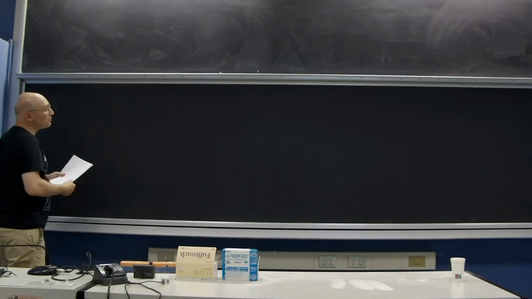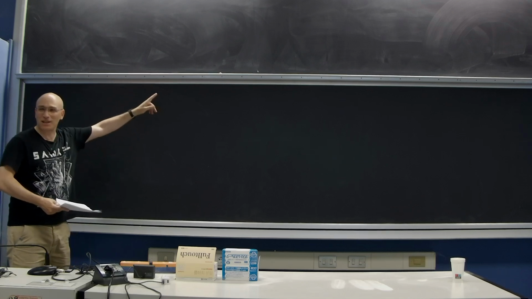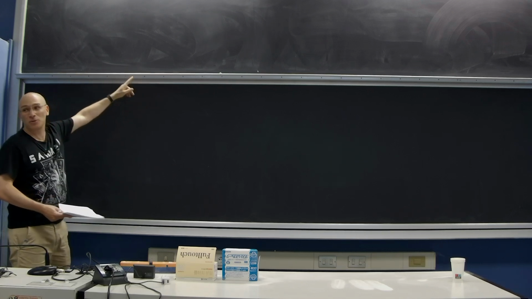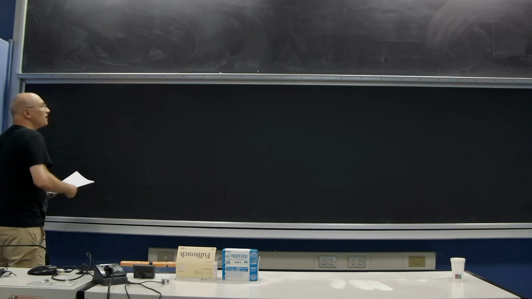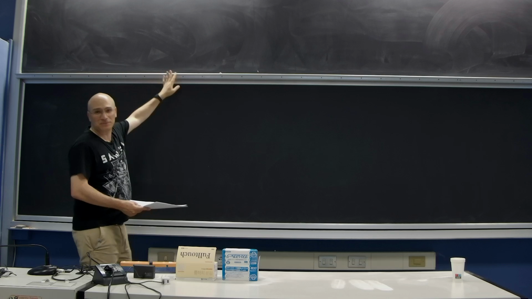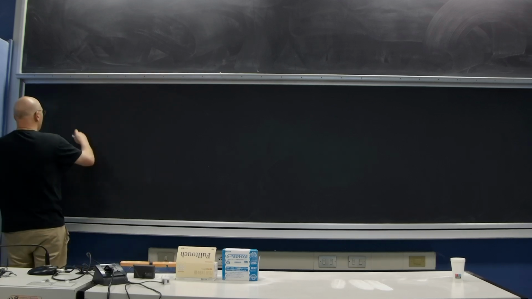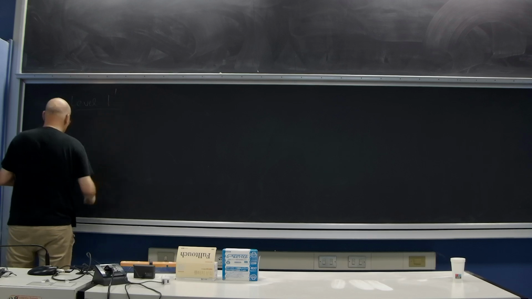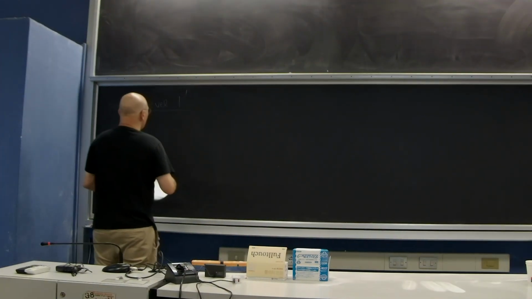So I promised level 2, right, to go from dimension 1 to dimension 2. But there's a stepping stone, which is to stay at level 1, but do something more geometric. So I call this level 1 prime. And so the idea is the following.